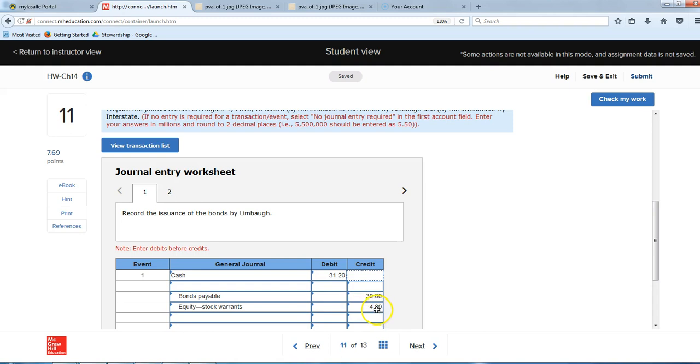Total credits now is 34, debits is 31.2. We need to plug in the debits. When the plug is on the debit side, there is a discount on bonds payable.